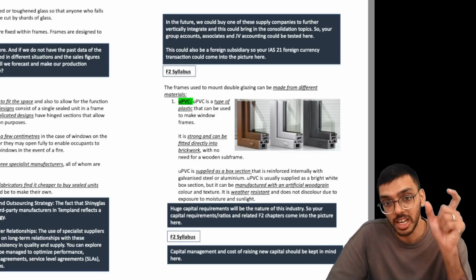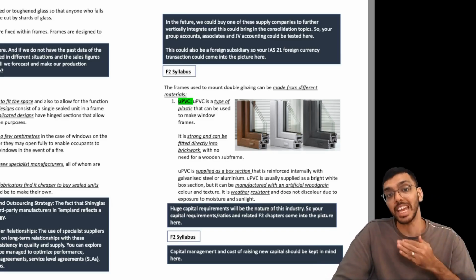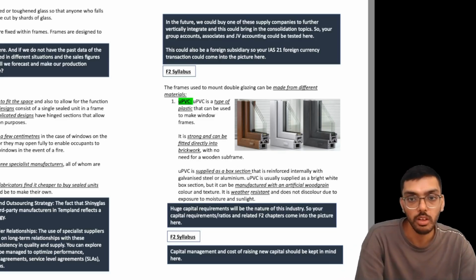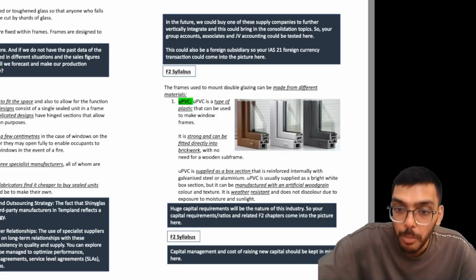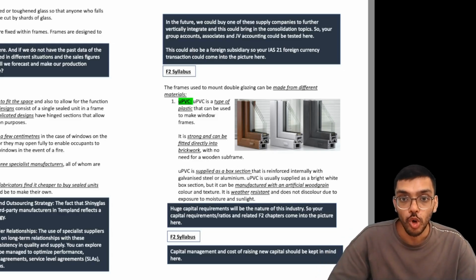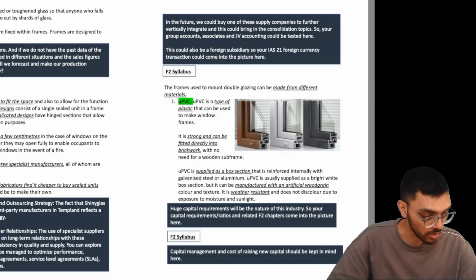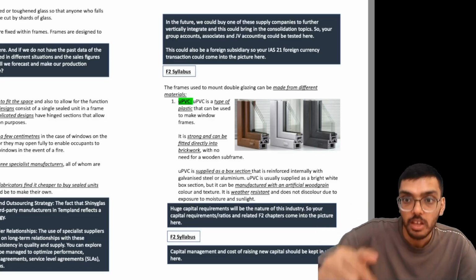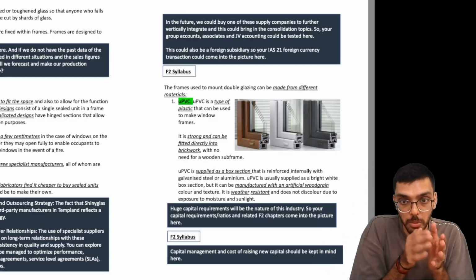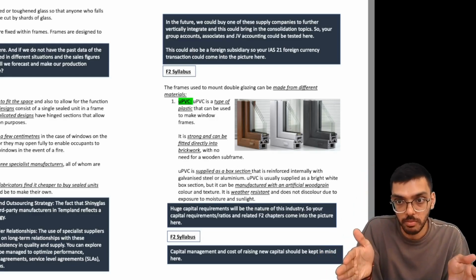I hope you are clear about the sealed units buying in situation. The frames used to mount double glazing can be made from different materials. This is where your picture is coming in. So when you receive those sealed units, you need to mount them on different frames.